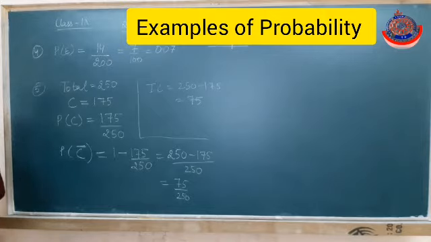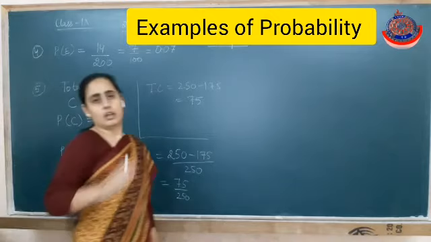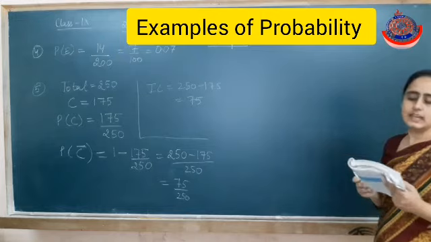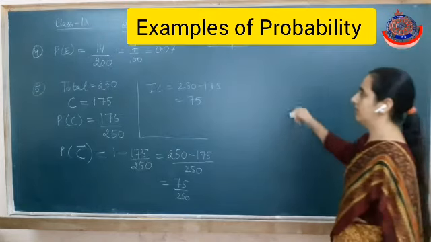A tire manufacturing company kept a record of the distance covered before a tire needed to be replaced. The table shows the result of 1000 cases. Firstly, we need to find the probability that it needs to be replaced before it has covered 4000 kilometers. Before 4000 means less than 4000.